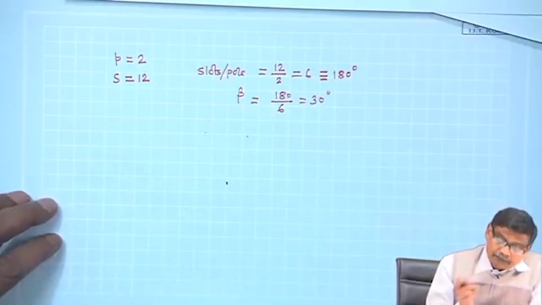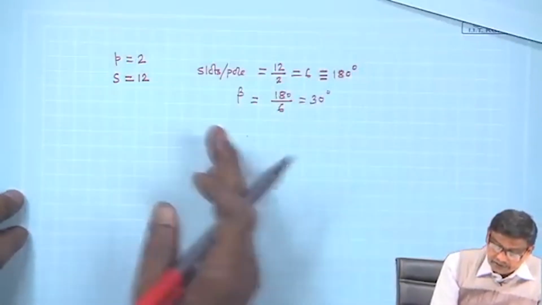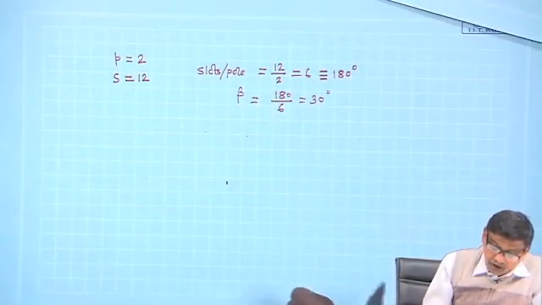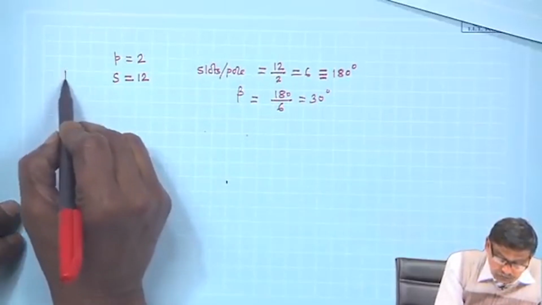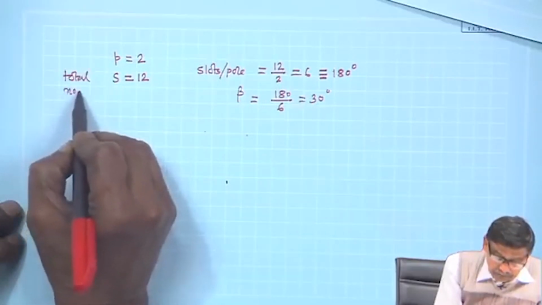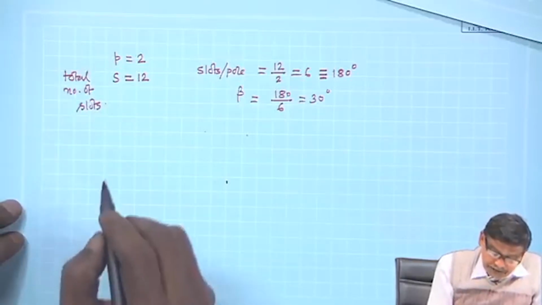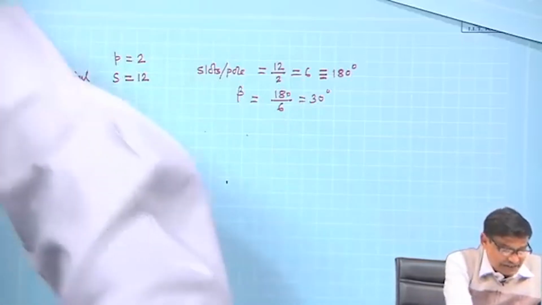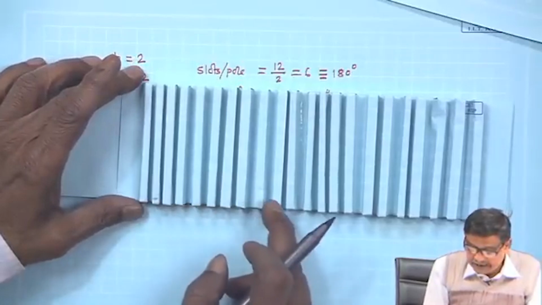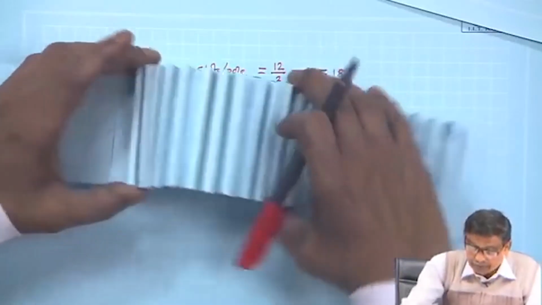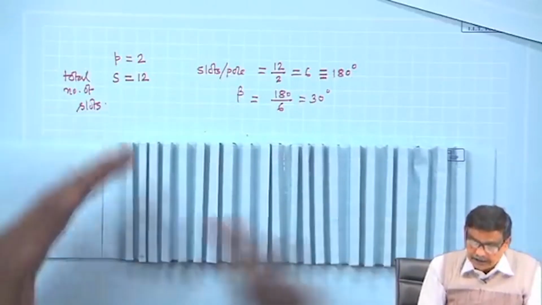Listen carefully, we will discuss this at length. Suppose this is the total number of slots, and the slots are numbered 1, 2, 3, up to 12, and after 12 once again 1, 2, 3, 4 in the developed diagram.